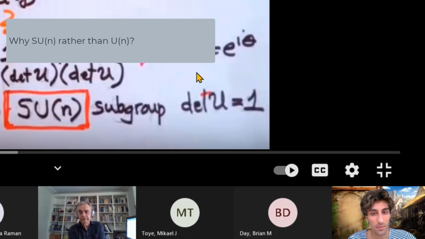So it's more general. When we looked at rotation, the phase could be plus or minus 1. There's a difference between the rotation group or orthogonal group O(N) and the special orthogonal group, which was that the special orthogonal group had determinant equals 1.